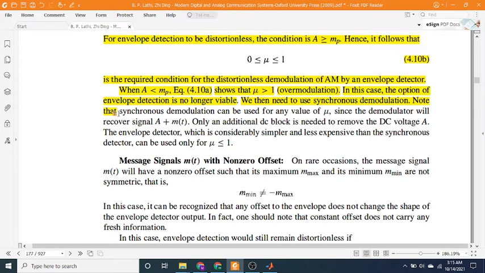Note that synchronous demodulation can be used for any value of μ, since the demodulator will recover the signal A + m(t). Only an additional DC block is needed to remove the DC voltage A. The envelope detector, which is considerably simpler and less expensive than the synchronous detector, can be used only for μ ≤ 1.